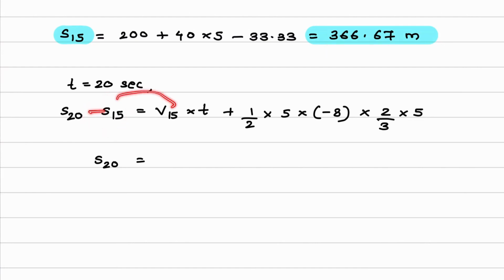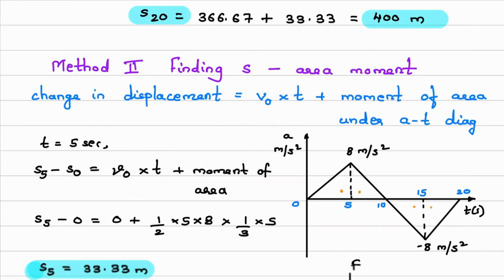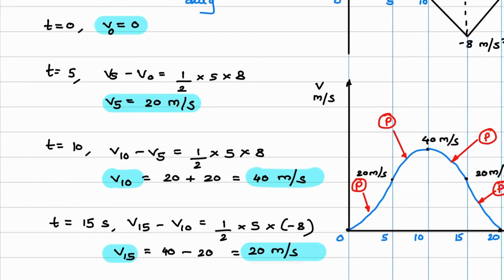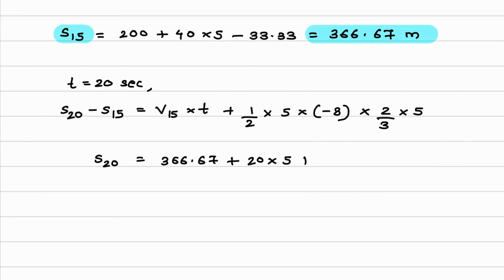Here negative is there, it will go on the right hand side and become positive. 366.67 plus V of 15 into T. V of 15 is 20 and T is 5, minus this value 66.67. From here we can calculate S20, which is equal to 400 meter.